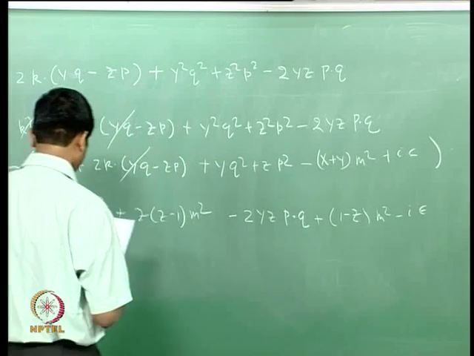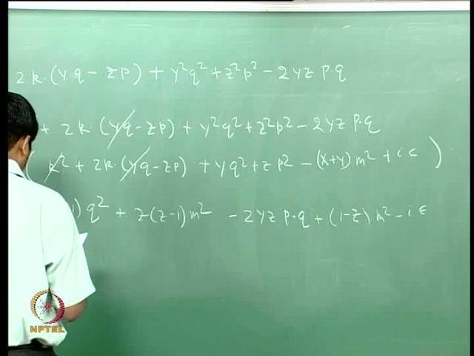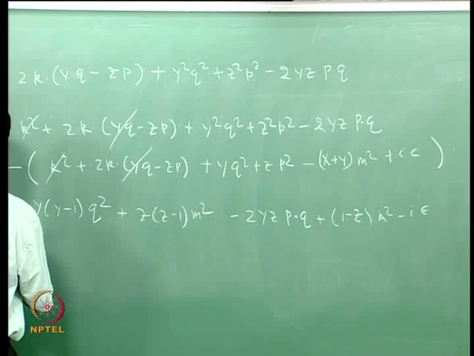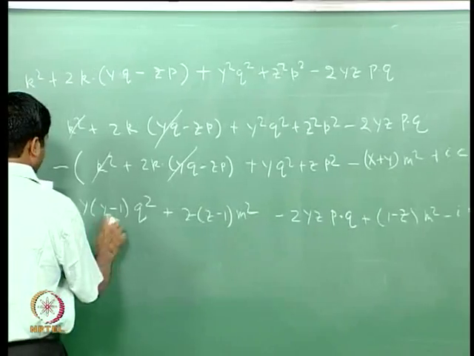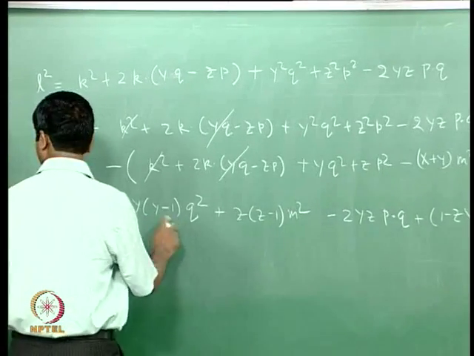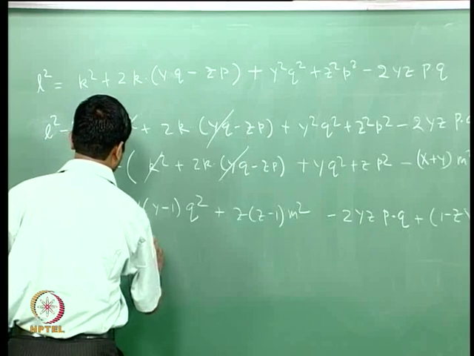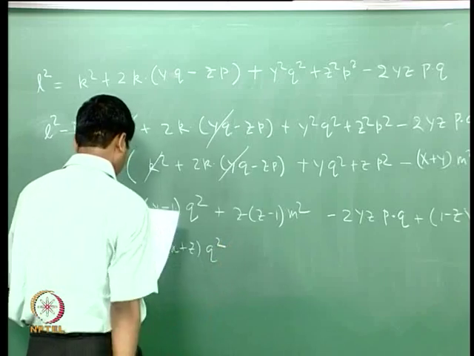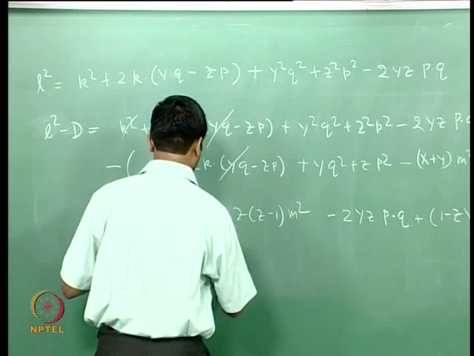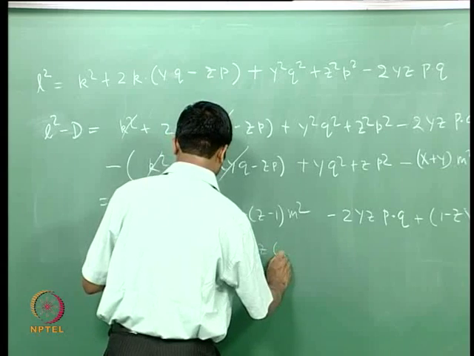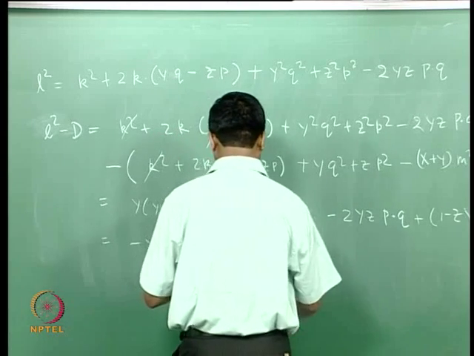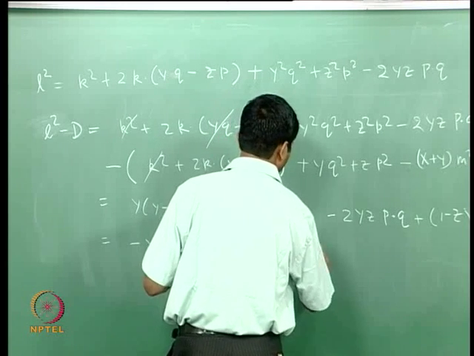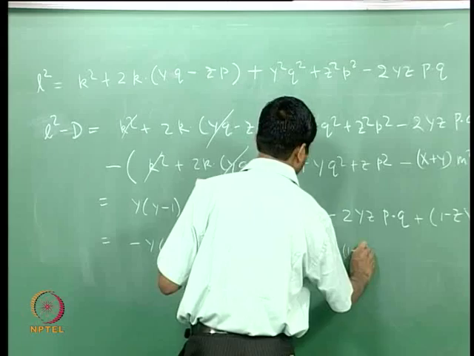So this is y minus 1, I will write again, I will use this relation, minus y into x plus z q square, and here z into z minus 1 m square plus 1 minus z.